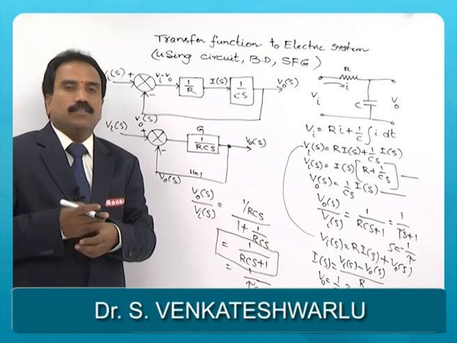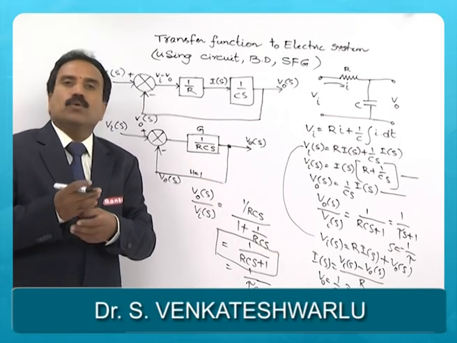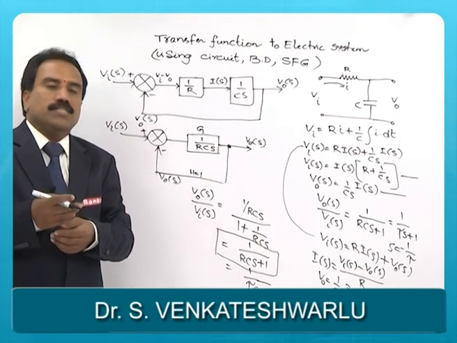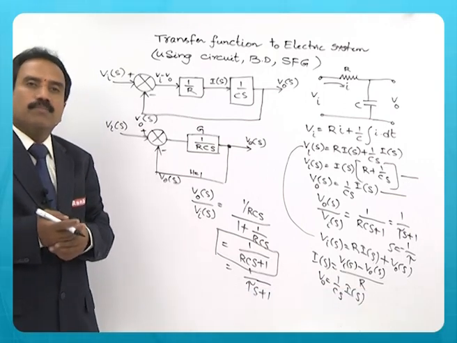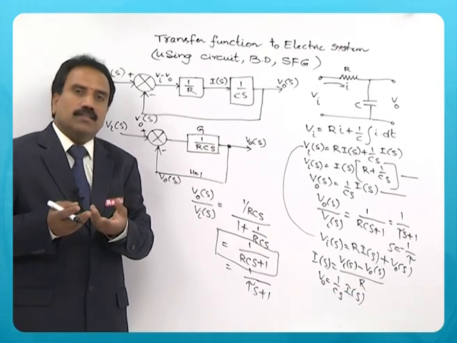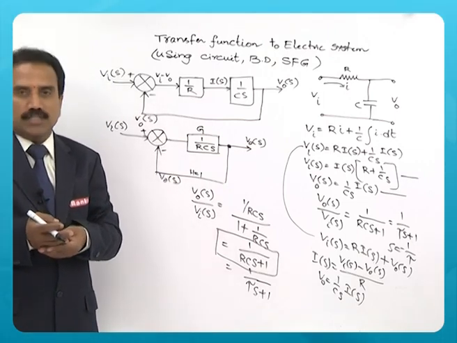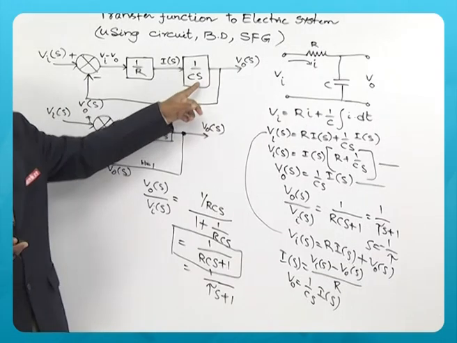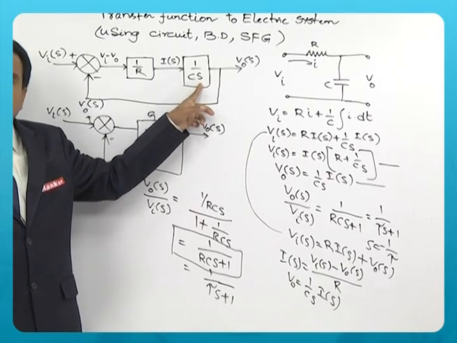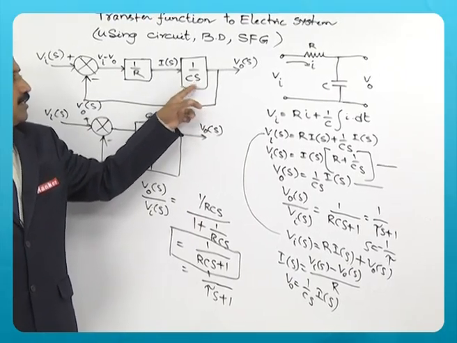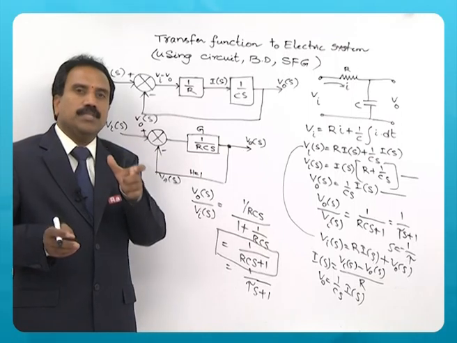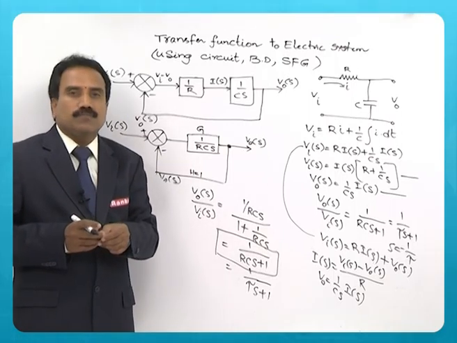As I indicated in the last class, nodes are probably voltages or currents, and branch consists of gain. That gain may be a resistance or impedance or admittance. Remember 1 by Cs is not a capacitance. It is the impedance, Laplace impedance 1 by Cs.